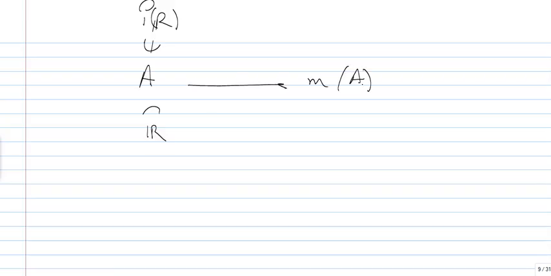So keep in mind, from here, we are looking at subsets A which belong to R, the power set P of R. And we are associating to it a number in [0, plus infinity], so we can also include the measure equal to plus infinity.